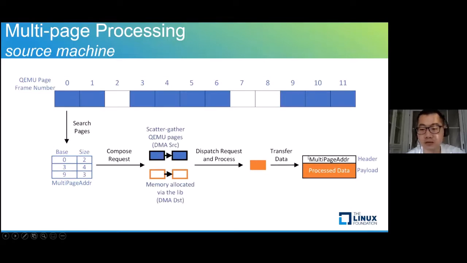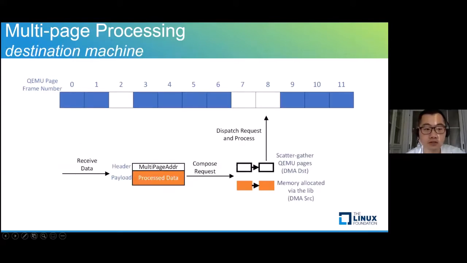And then the device polling thread will transport those compressed data as a whole to the destination side. And for the data, each one is associated with a multi-page header, which tells the address of the QEMU page.